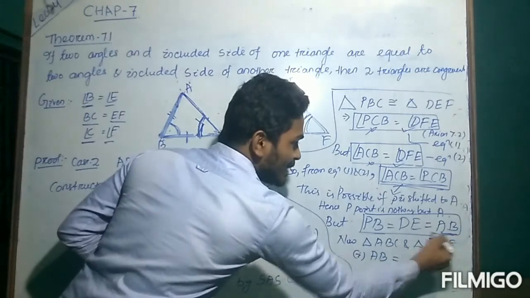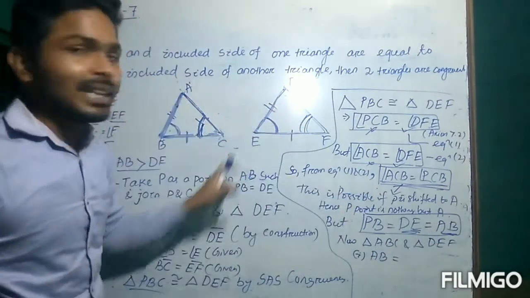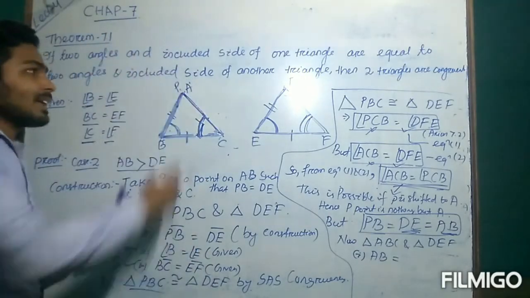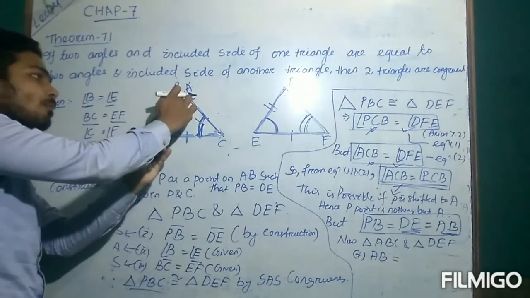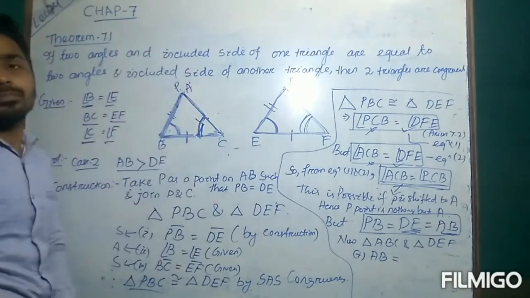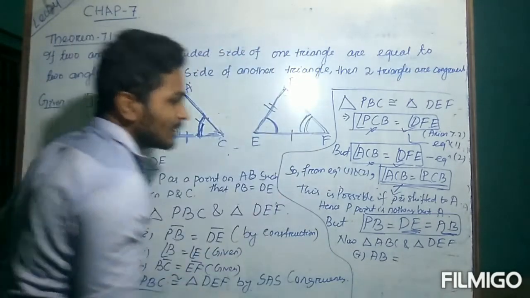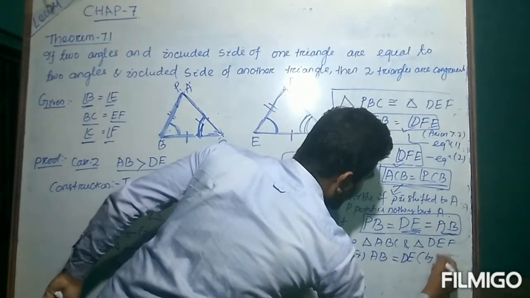Why? We have proved AB is equal to DE. Whenever the point P shifts to point A, A and P are the same point, so AB is common to PB. But we know PB is equal to DE. So AB is equal to DE, by what we proved.